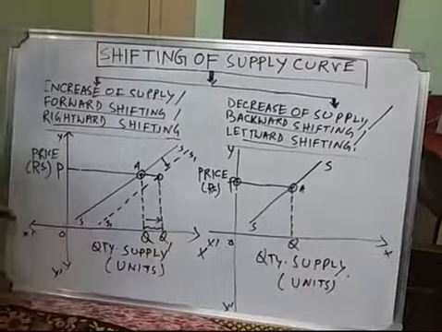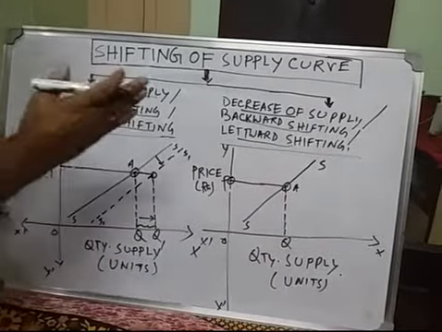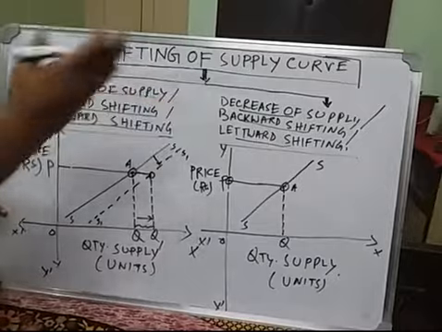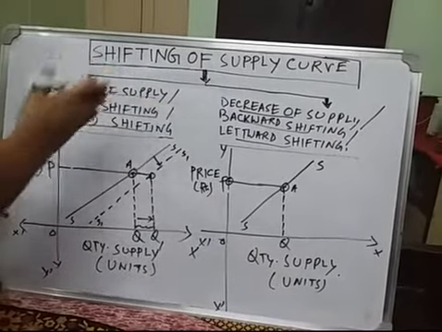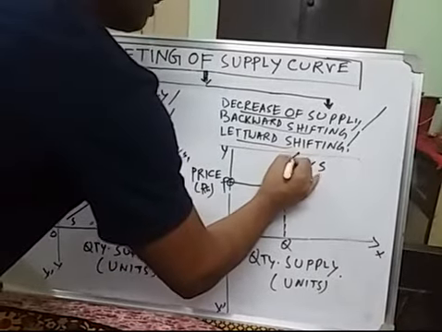This is very simple. Now see, the supply curve shifts to the left side. If the supply curve shifts to the left side, then a new supply curve arises.